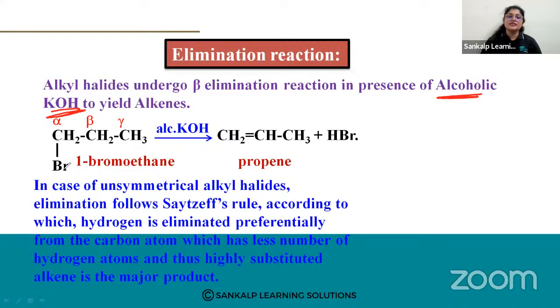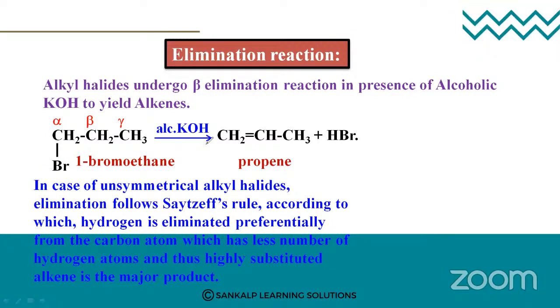From this halide, this is the alpha carbon, this is the beta carbon, and this is the gamma carbon. One of the hydrogens is gone. So bromoethane, an alkyl halide, is treated with alcoholic KOH.